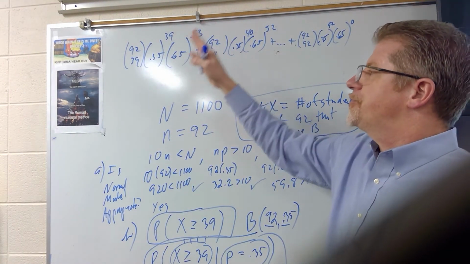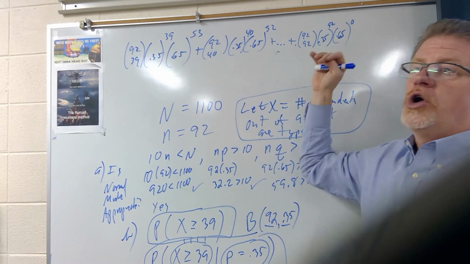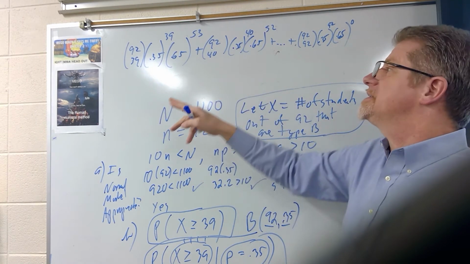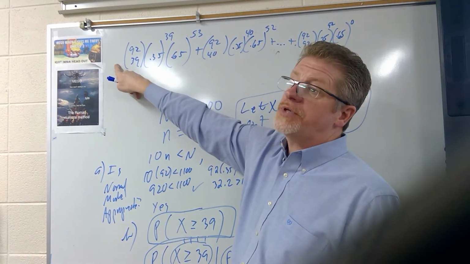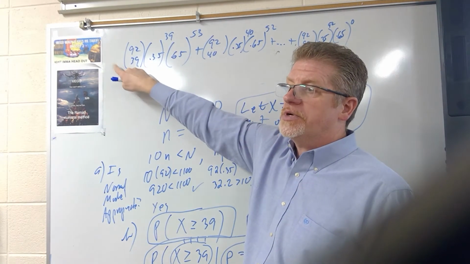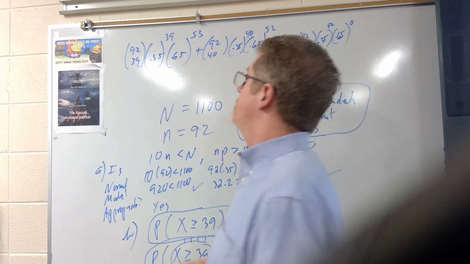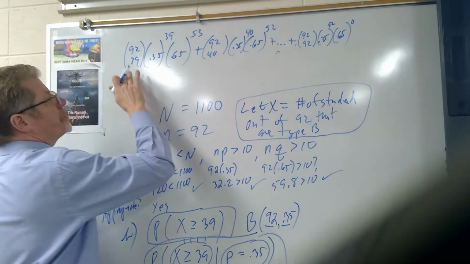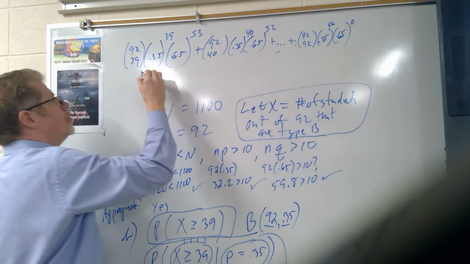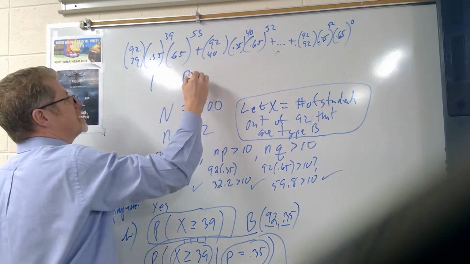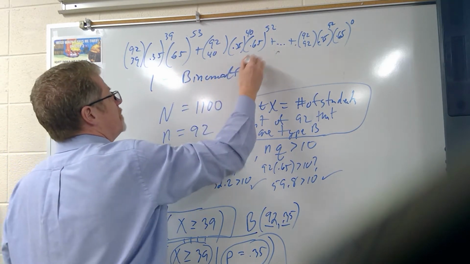So to get from 39 all the way to 92, we're going to take 1 minus everything from 0 up to 38. So we're going to stop at 38. That's the thinking.